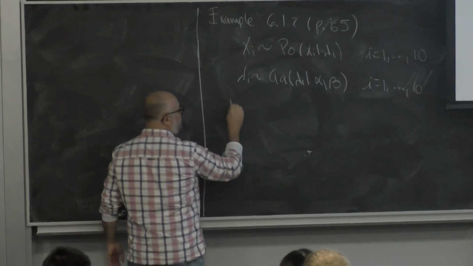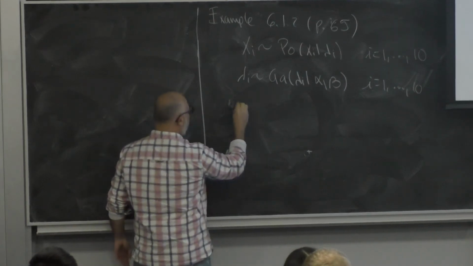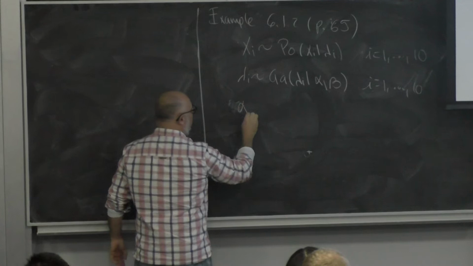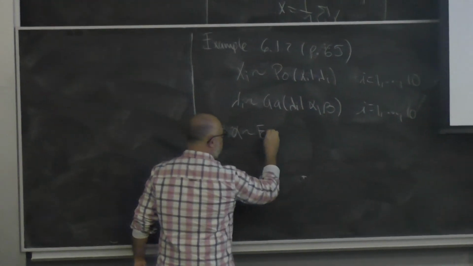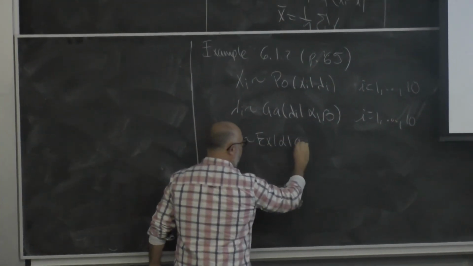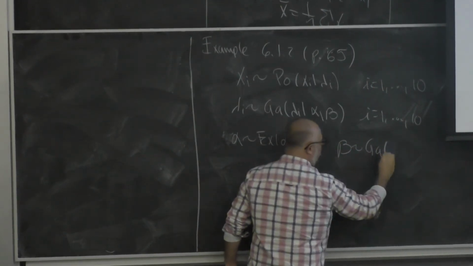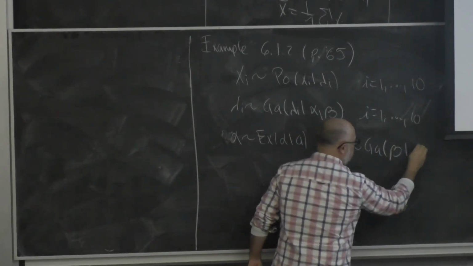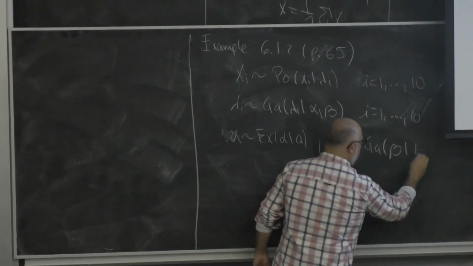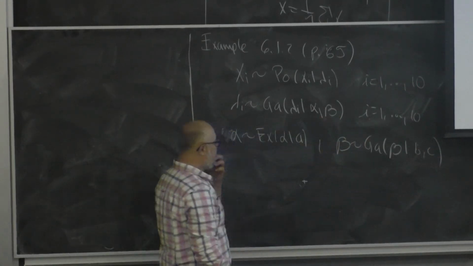And we will have alpha coming from an exponential distribution with parameter A, and beta from a gamma with parameters B and C. Okay?